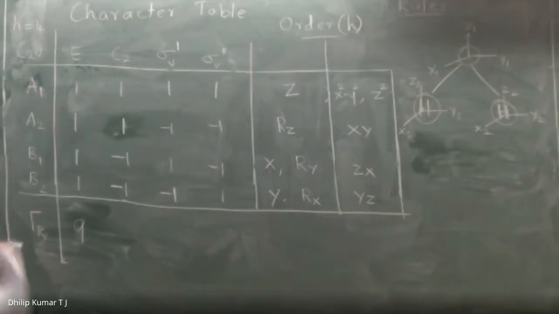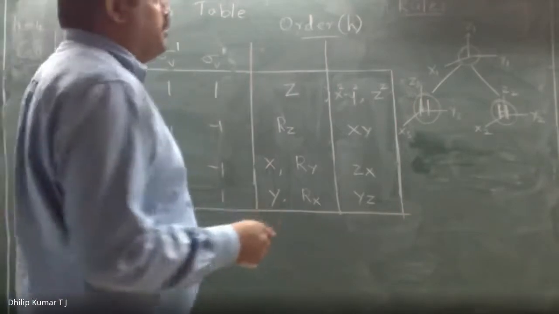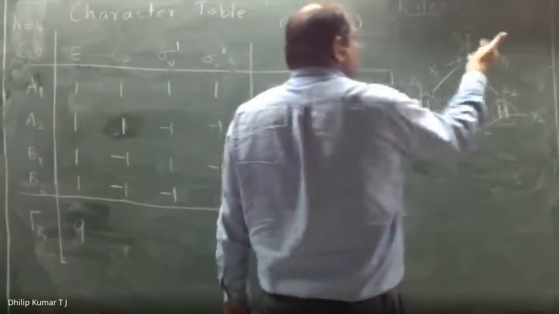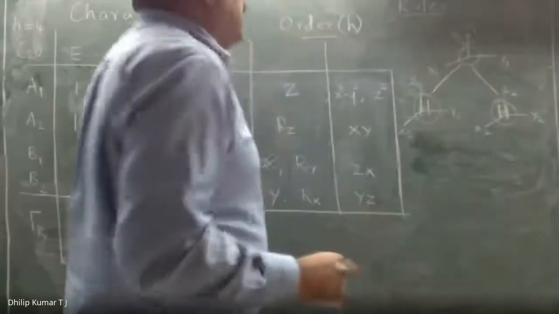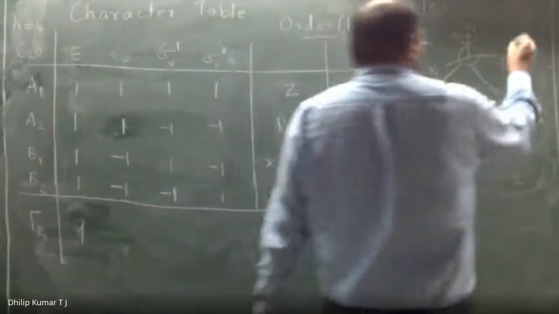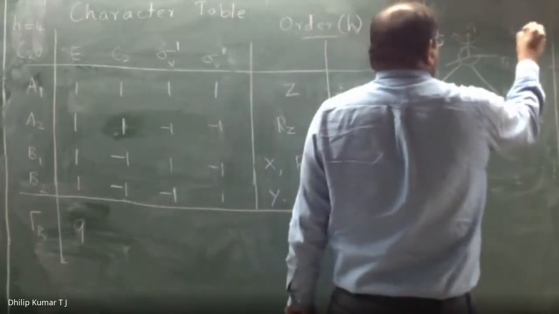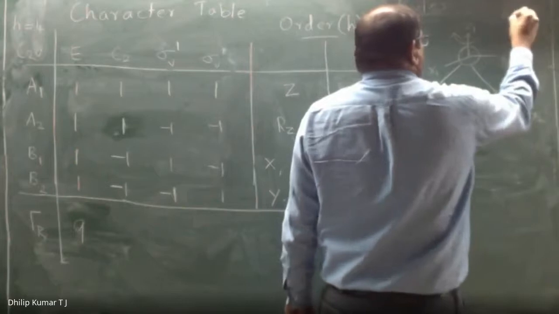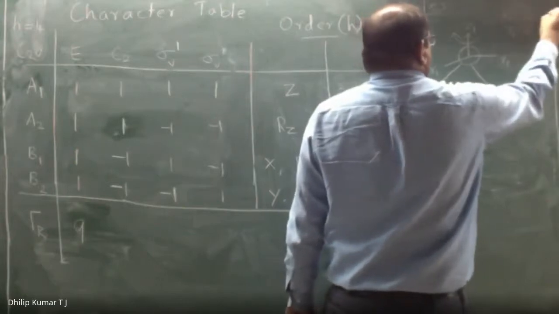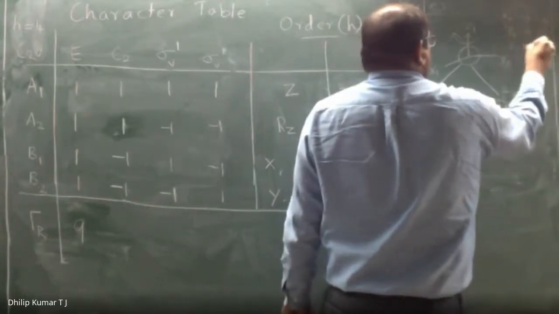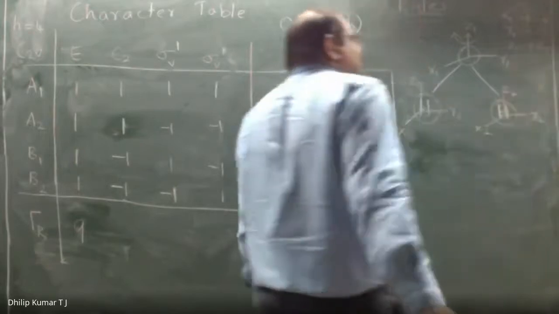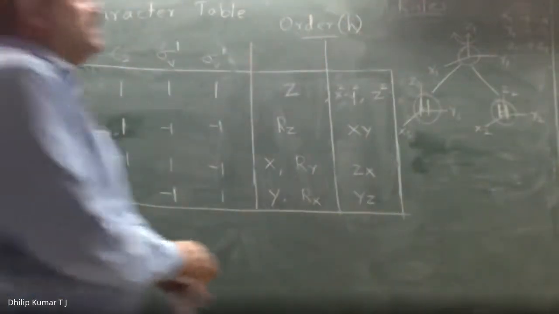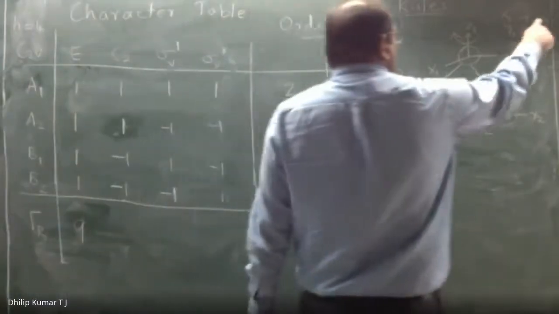Now let's do the C2 operation for this molecule. If you rotate it clockwise, we just invert it. y1 becomes minus y1, right? And then x1 will become minus x1, and z1 will remain as z1, whereas x and y will change to these two.